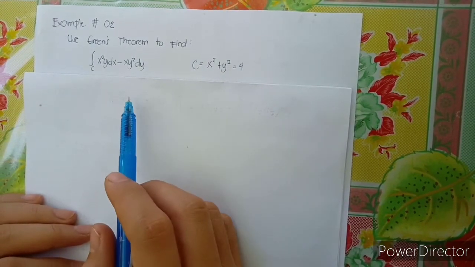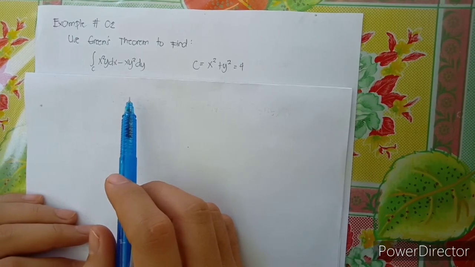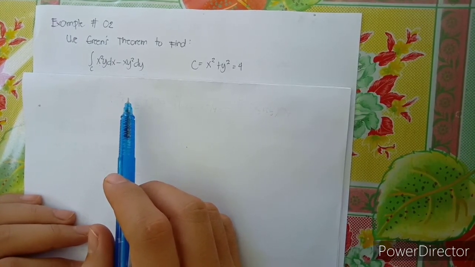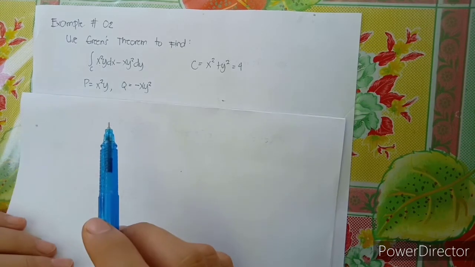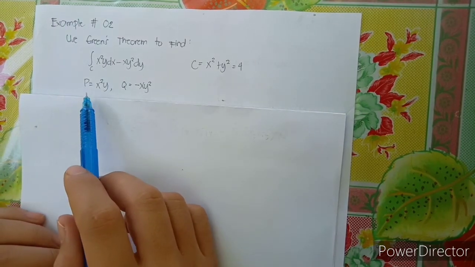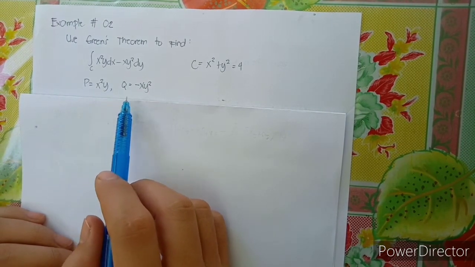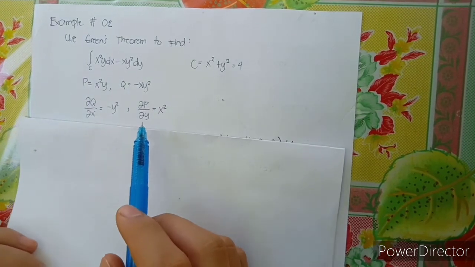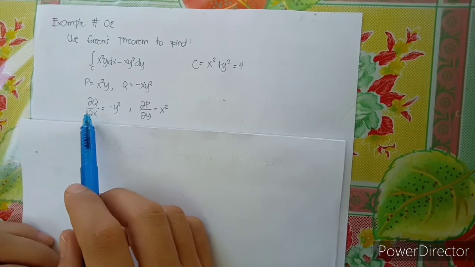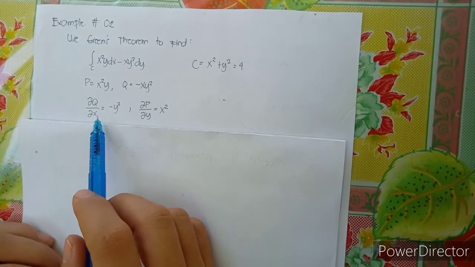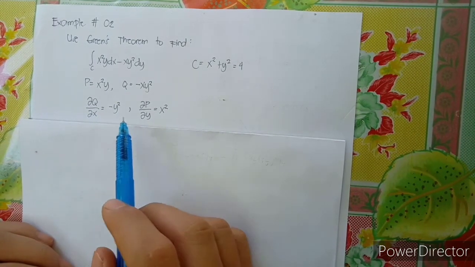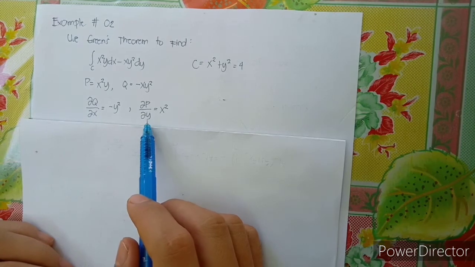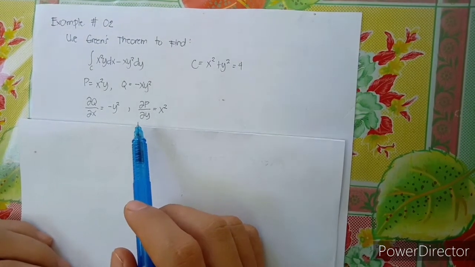To use Green's theorem, let's figure out what our P and Q are and compute the partial derivatives. So P is equal to x squared y and Q is equal to negative xy squared. We can calculate that partial Q with respect to x is equal to negative y squared and partial P with respect to y is equal to x squared.